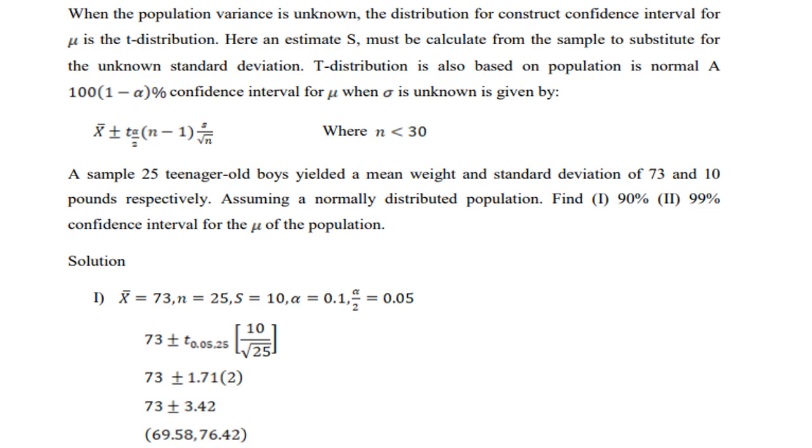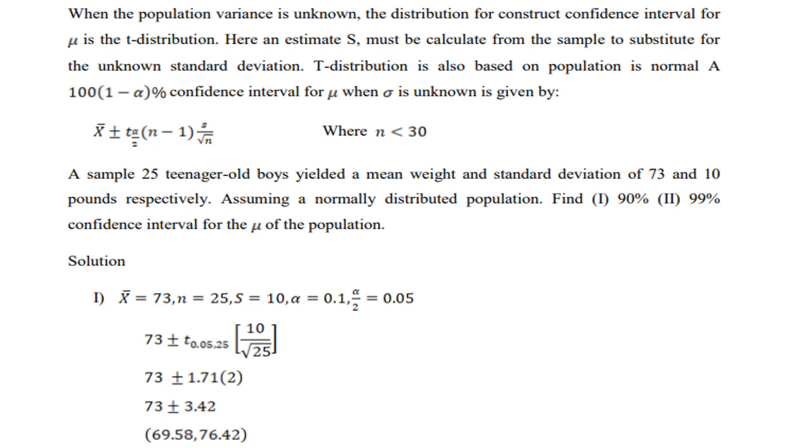Here, an estimate s must be calculated from the sample to substitute for the unknown standard deviation. T distribution is also based on a normal population. A 100 times (1 minus alpha) % confidence interval for mu when sigma is unknown is given by this formula: x bar plus or minus t alpha over 2, instead of using z alpha over 2 for known population variance.